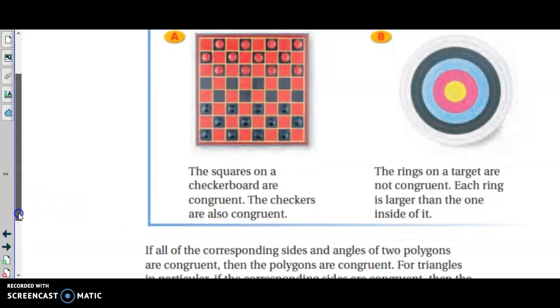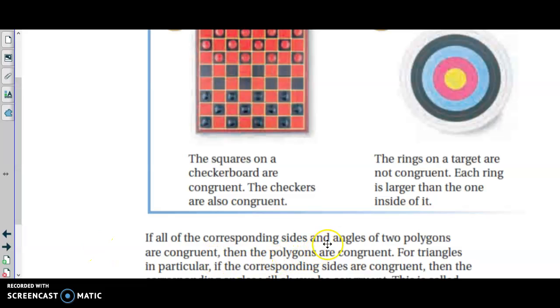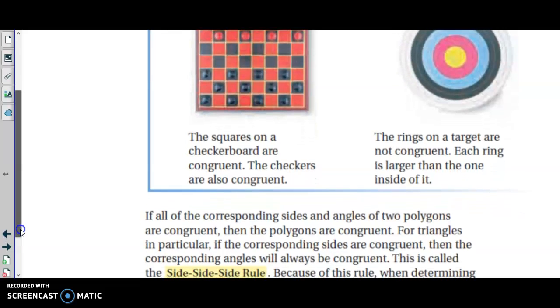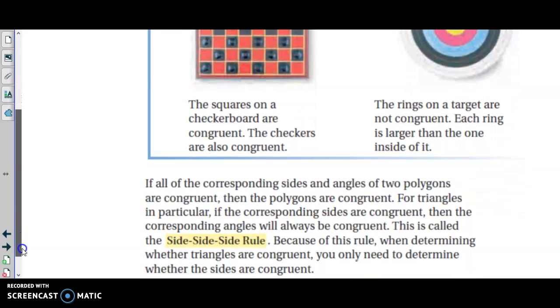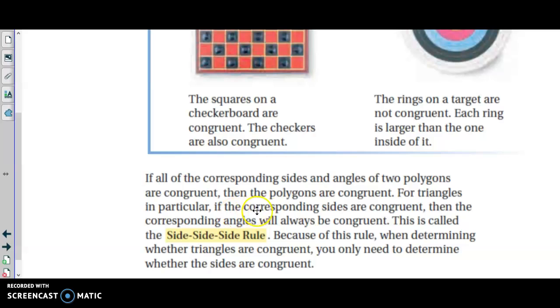If all corresponding sides and angles of two polygons are congruent, then the polygons themselves are congruent. For triangles in particular, if the corresponding sides are congruent, by corresponding sides I want to remind you that they are the same part of the polygon.